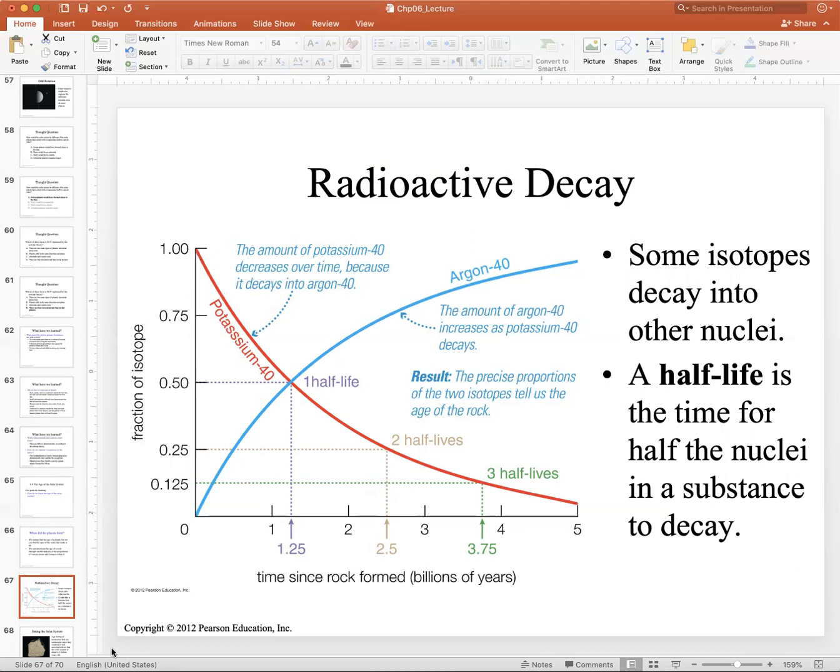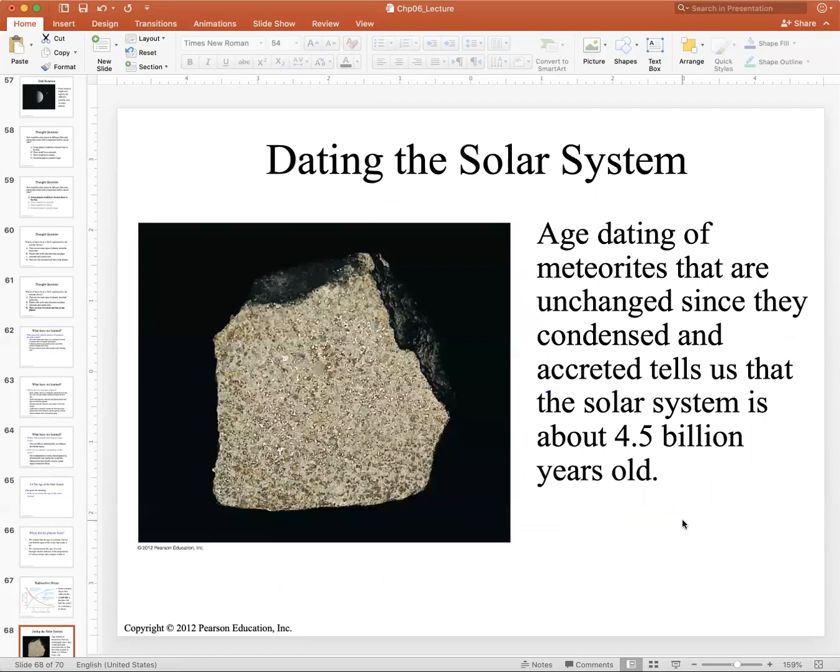This is what we've been doing for the rocks that we have found in meteorites. Age dating of meteorites that are unchanged since they condensed early in the solar system's history tells us that the solar system is about 4.5 billion years old. The reason we know this is that we have grabbed asteroid samples on Earth, studied them, and they date back to 4.5 billion years.